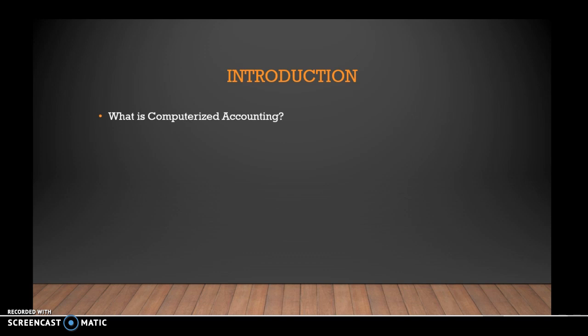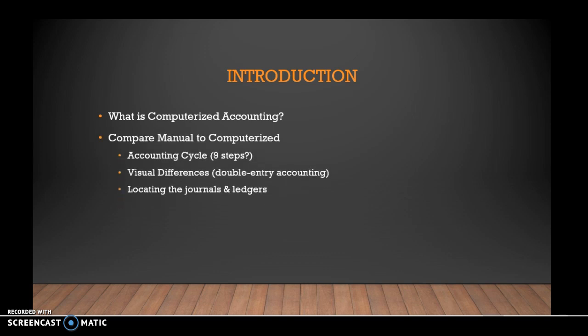If I think about computerized accounting versus manual accounting, what does that look like? Most of you are familiar with manual accounting as you've taken Accounting 101. You are familiar with the manual recording of transactions, the writing of checks, the posting to the various journals and ledgers.